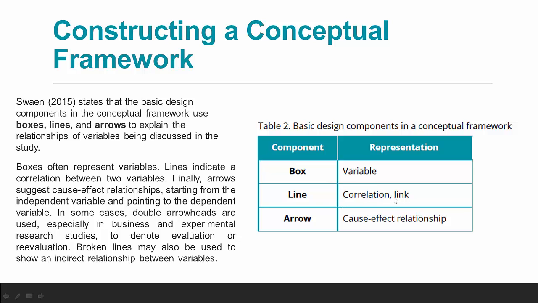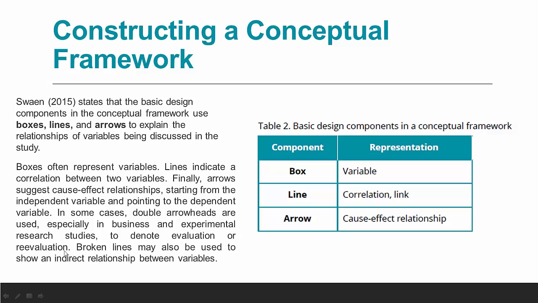Finally, arrows suggest a cause and effect relation, starting from the independent variable to the dependent variable. In some cases, double arrows are used, especially in business and experimental research studies, to denote evaluation or re-evaluation.